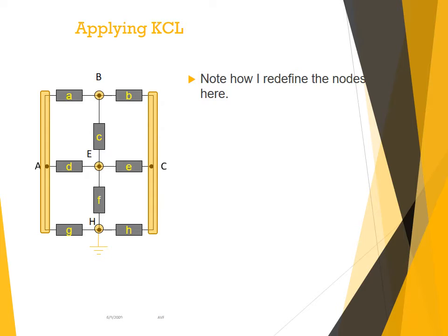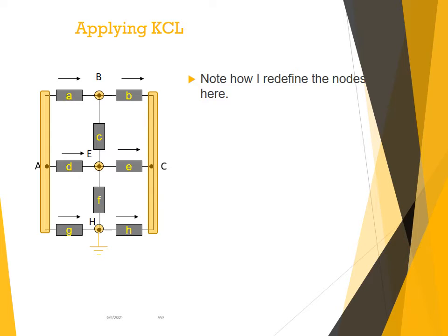The other thing that you have to do is draw your currents in each branch of your circuit. And you will notice here that when I draw the current, I draw an arrow. And the arrow is pointing in the direction that I'm assuming the current is flowing.